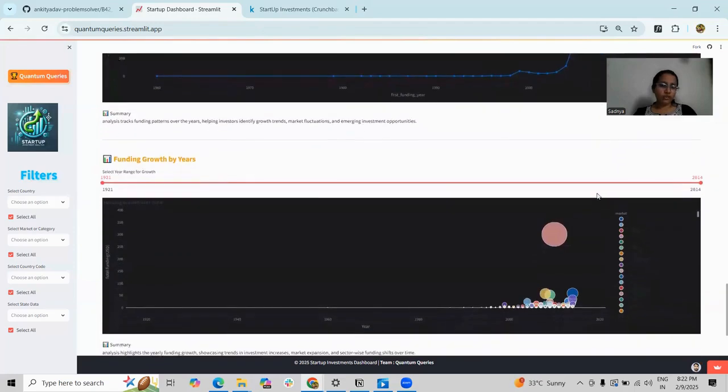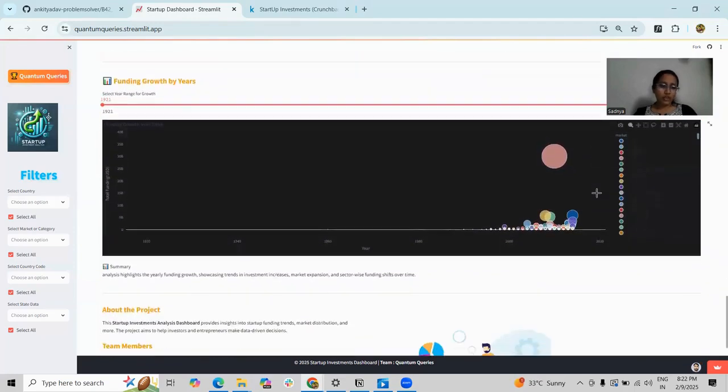Again, we can go further, like funding growth by year. This also analyzes the yearly funding growth, showcasing trends in investment increases, market expansion, and sector-wise funding shifts over time.